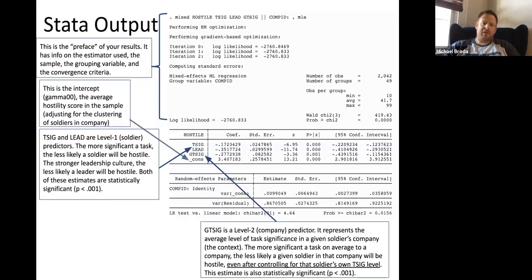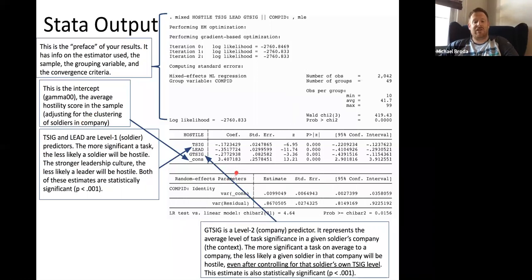Okay, and then down here we have underscore const, or constant, and that is the intercept. Going back to our notation from the lecture, that is gamma 0,0. And that is the average hostility score across the entire sample, adjusting for the clustering of soldiers within individual companies.